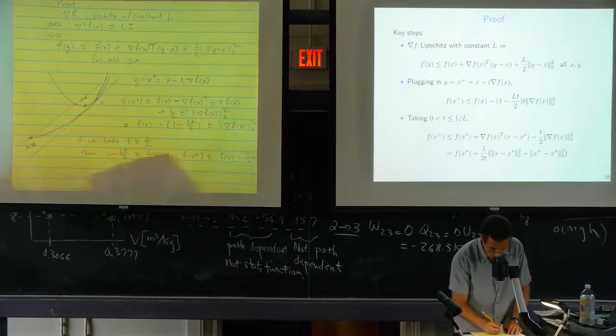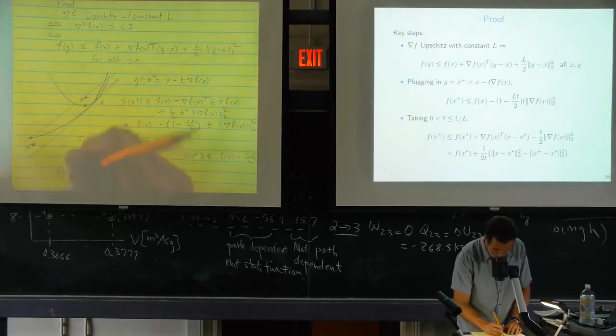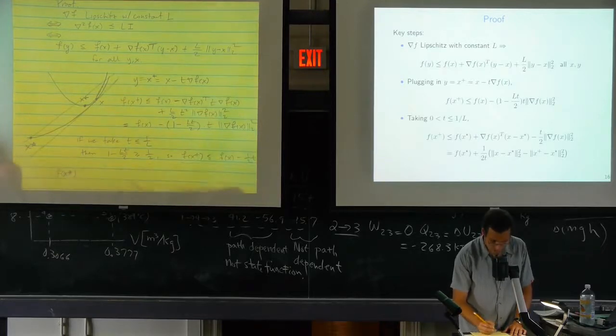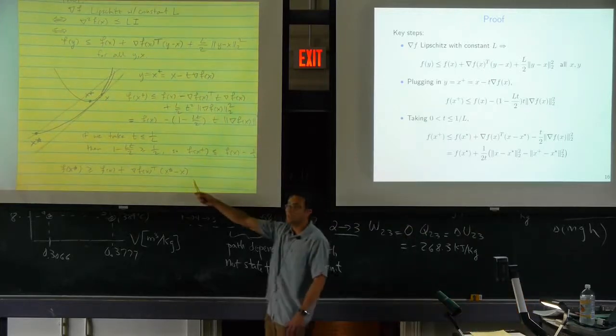In terms of the math, we just say, well, we know that from the properties of convex functions, f of x star has got to be bigger than or equal to f of x plus the gradient of f of x transpose x star minus x. That's just from the property that f is convex, right?